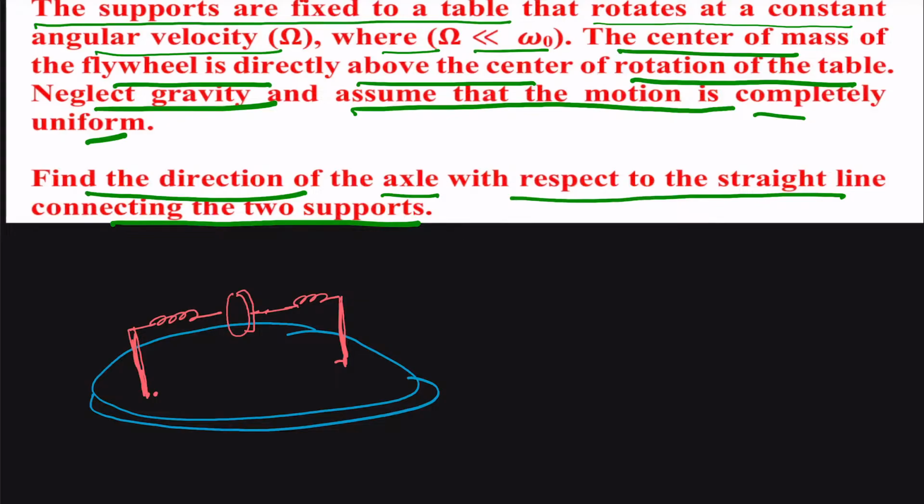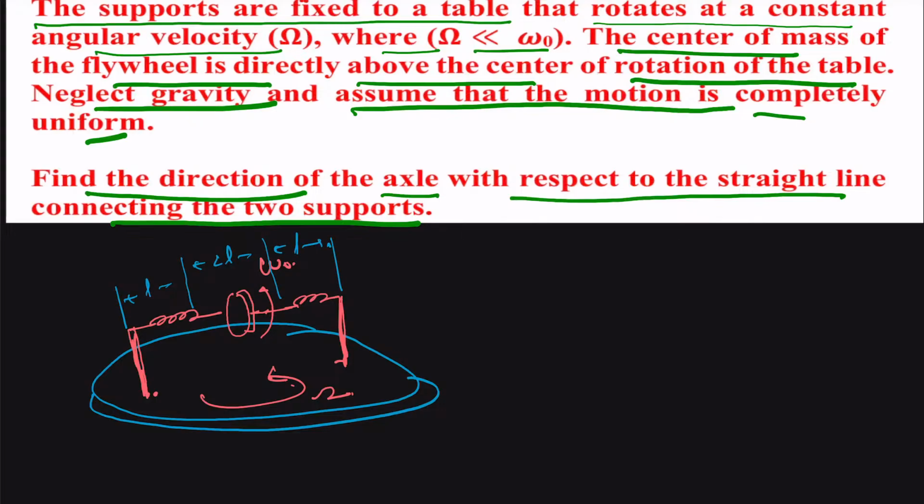And this table is rotating with the speed of omega, and this disc is also rotating with the speed of omega naught. And we are given that the spring has a length of L. So this distance is 2L, and the spring distance is L on either side.